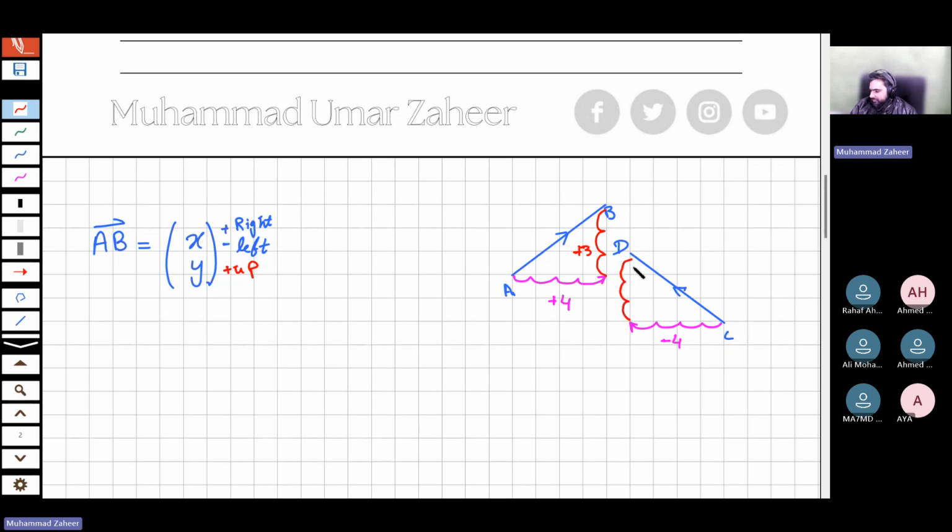It is positive 3 as well. So if I show the vector AB, I get X value positive 4, Y value positive 3. If I show the vector CD, the X value is minus 4, the Y value is positive 3.